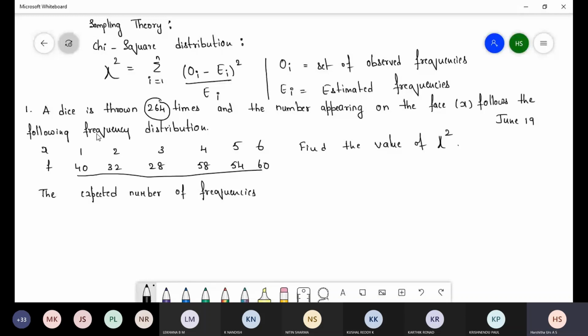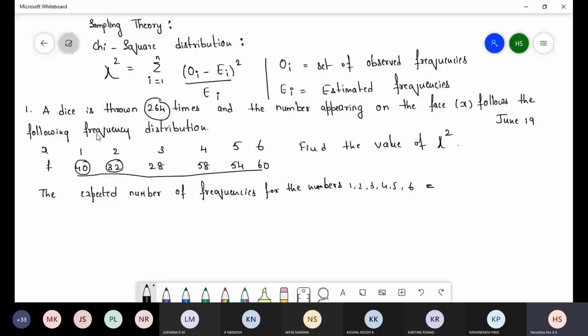A dice thrown 264 times. What values will be there on the dice? 1 to 6. So we can write the expected number of frequencies for the numbers 1, 2, 3, 4, 5, 6. When we add this frequency, I think we get 272.